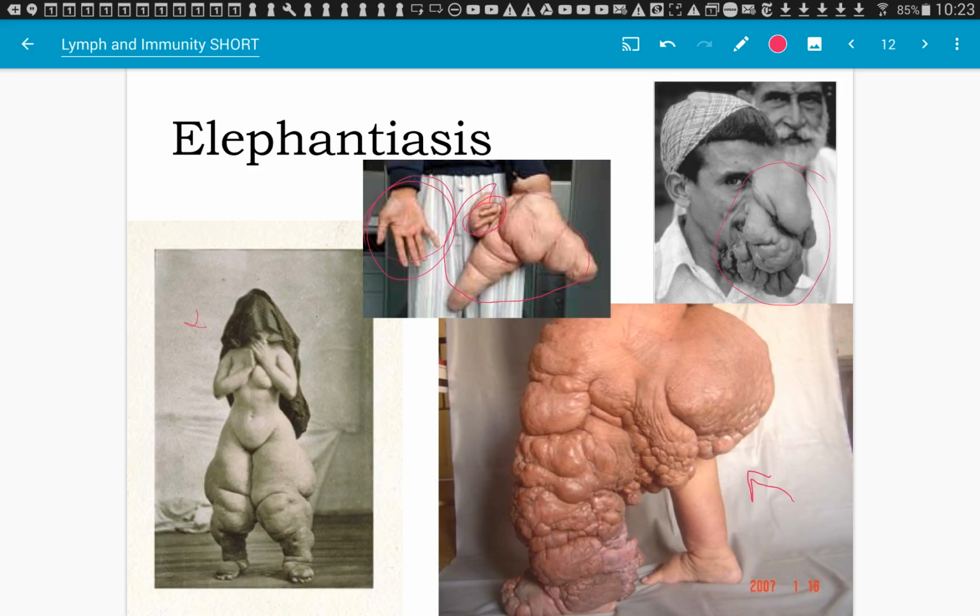So people who travel and come back, we would notice pretty quickly if we had swelling. We'd go to the doctor, you'd get medication, you'd kill the worm, and you'd be fine. This happens in places where there is not good medical care. So if it gets out of hand, can you reverse it? Nope. You can kill the worm.